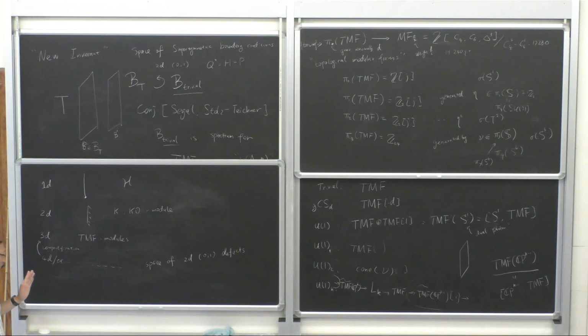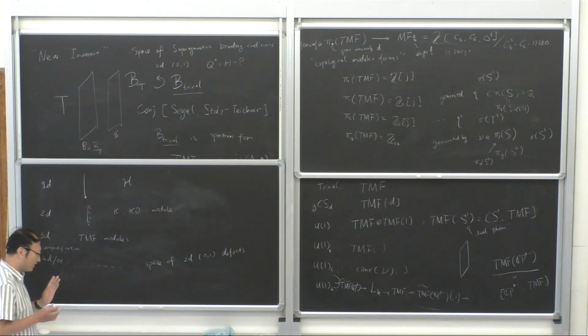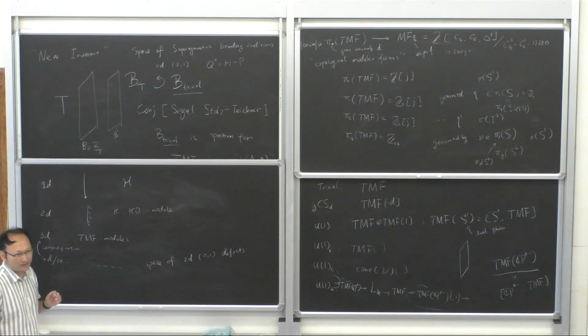We want to look for different 3D phases that become the same in 2D. There are some candidates, right? We look at certain parameters that got complexified, and maybe that's one way of getting those. But the harder challenge is to argue that these phases are actually different in 3D.